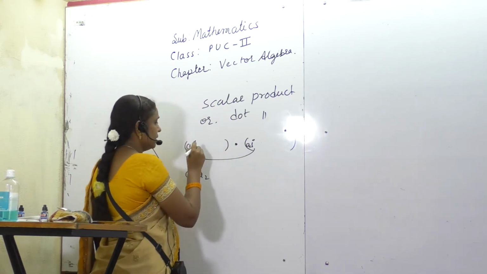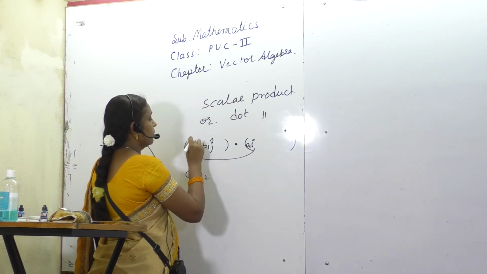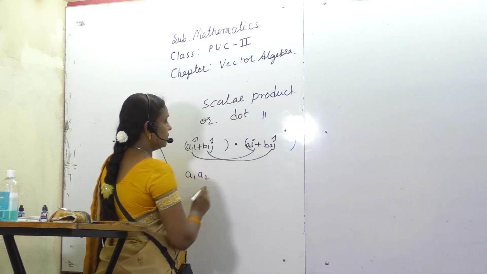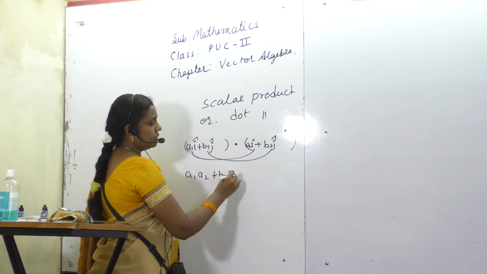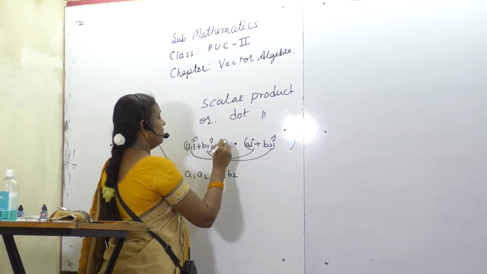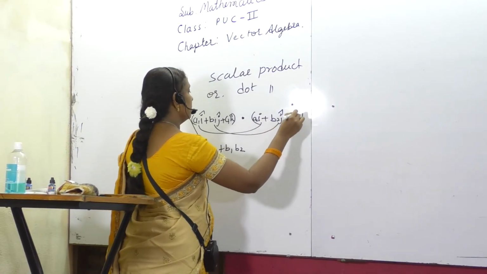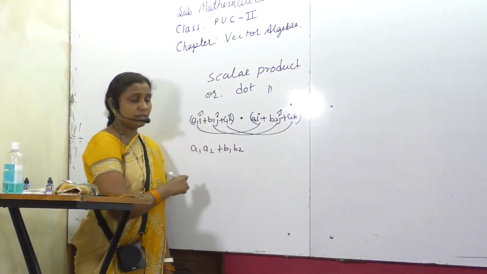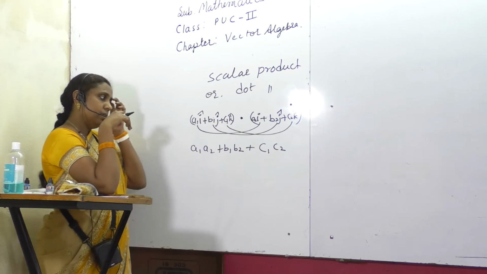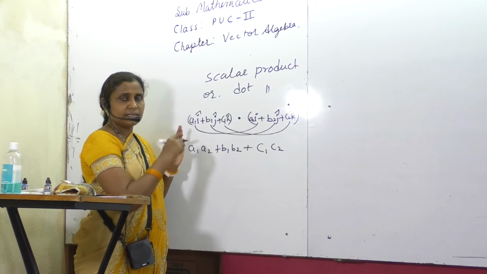This we already had studied. Plus B1j, B2j. So dot product means j to j, B1 into B2, j dot j is 1, plus C1k and here C2k, plus C1 C2. Is this correct? So this is said to be the dot product or scalar product.